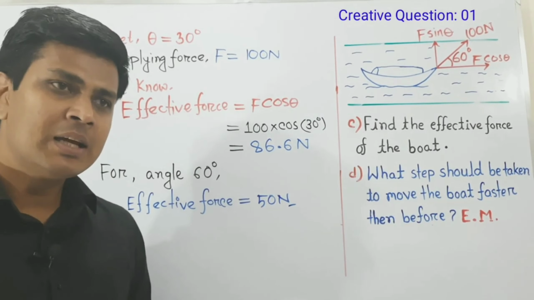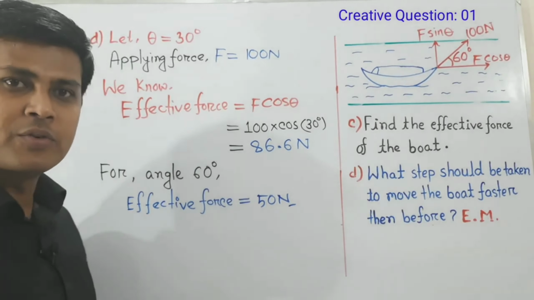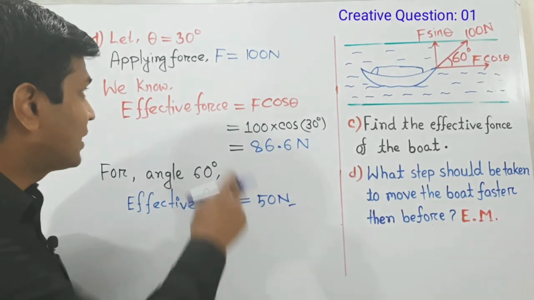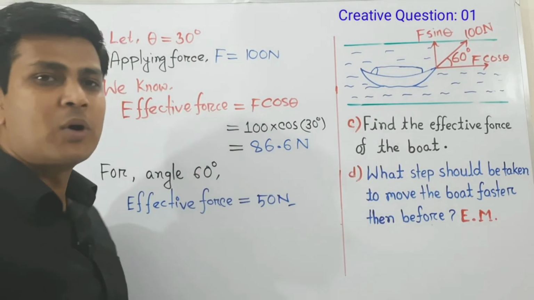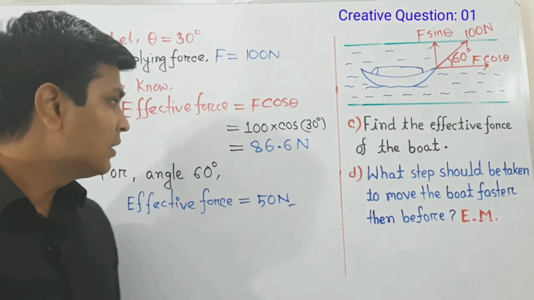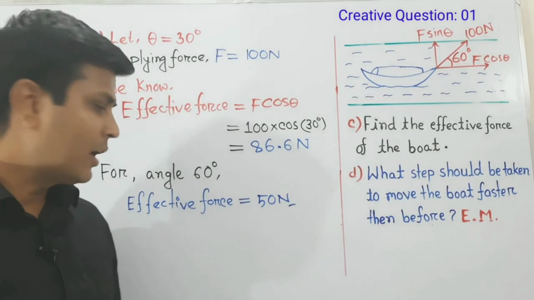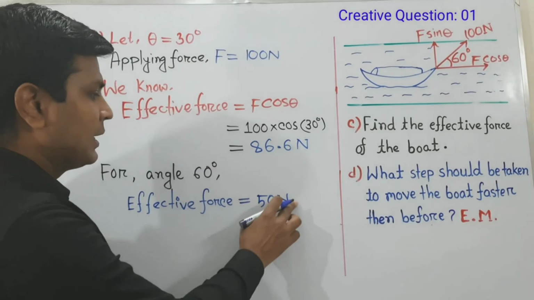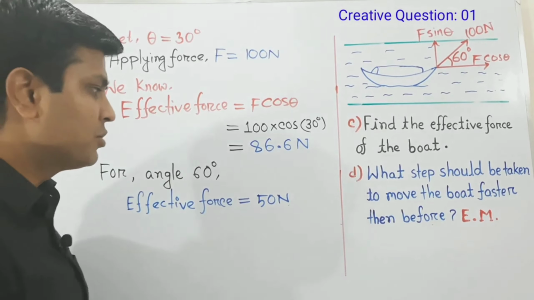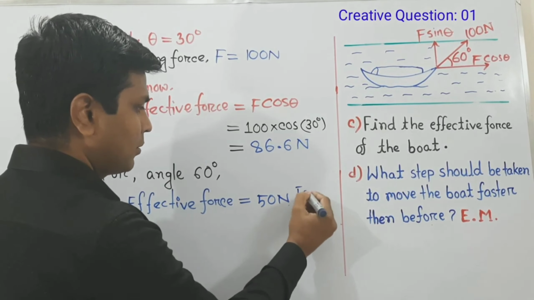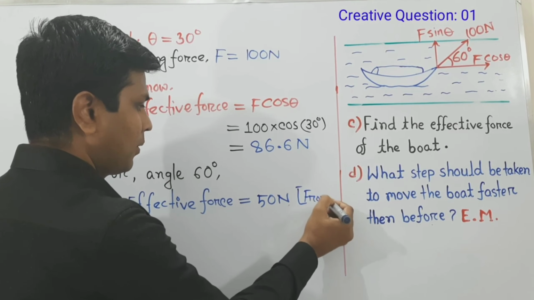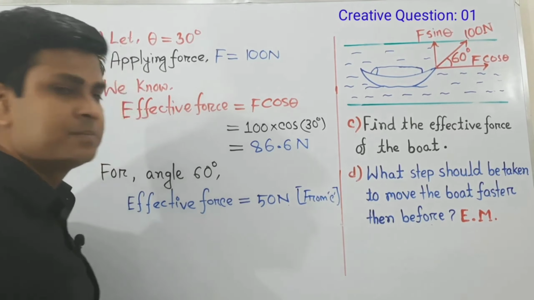Now you can easily compare the effective force for two angles. For 30 degree it is 86.6 Newton, and for 60 degree we have already calculated the value, 50 Newton, from the C number calculation.